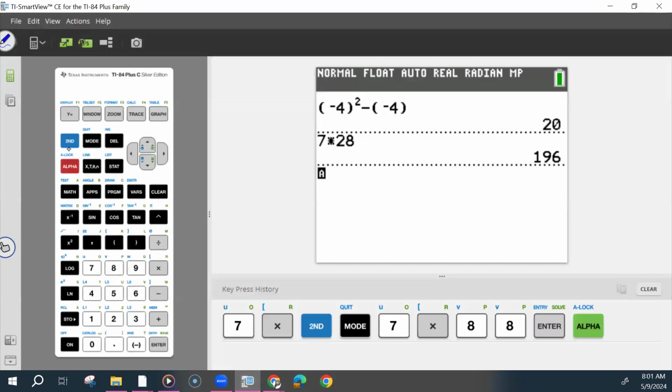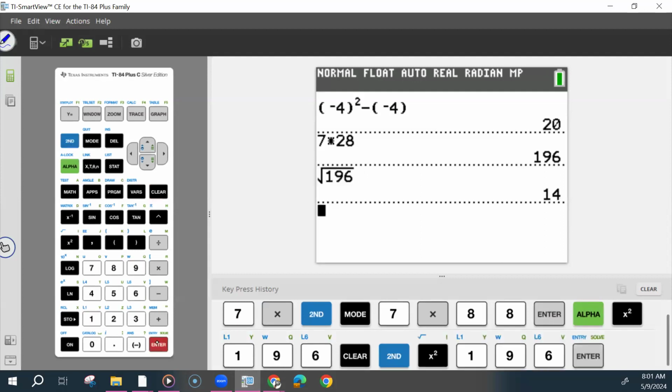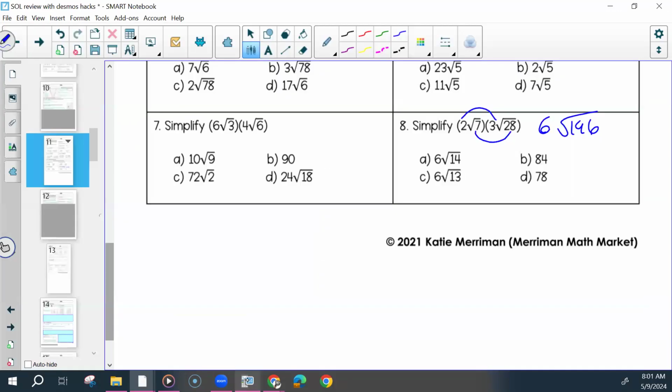So the square root of 196, and you could do that in Desmos too. It would be 14. And then you would multiply 6.